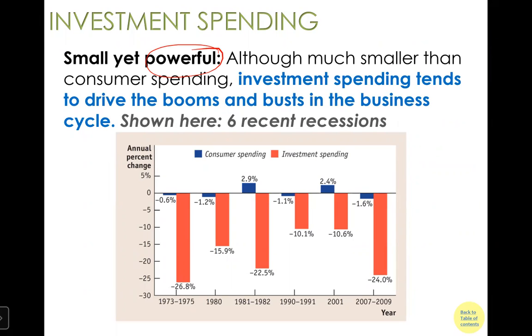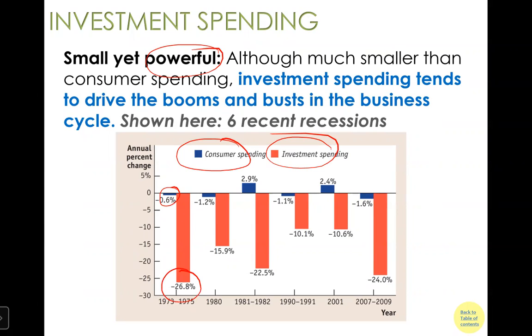Those are six recent recessions. We just look at the change in consumer spending and the change in investment spending. When recession hits, usually people tighten their belt and reduce consumption. That's normal, because you are worried about the outlook. In terms of investment, it also decreases.